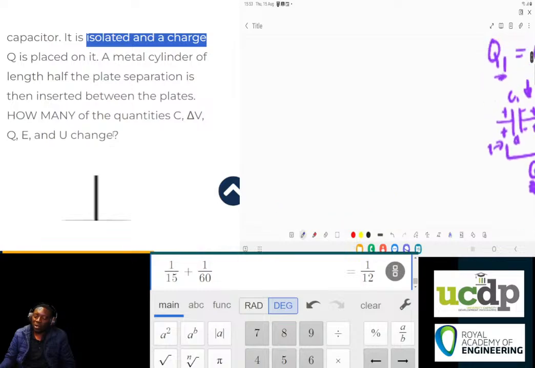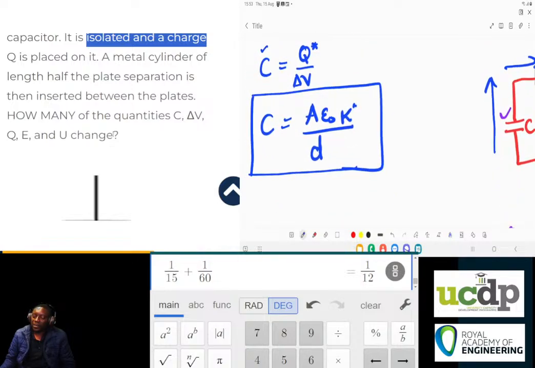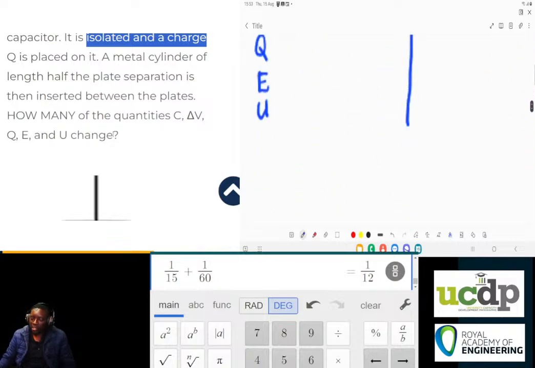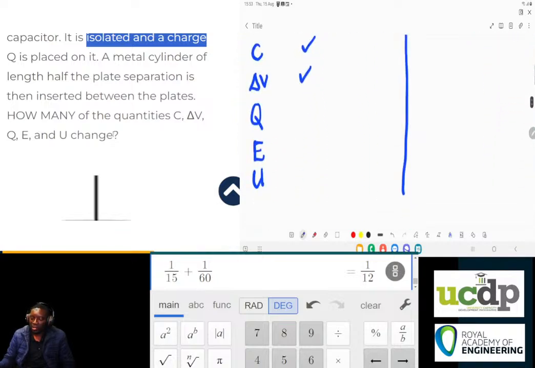If that metal only acts as a dielectric, then the charge deposited on the capacitor will not change. That's the basis upon which we kept it constant here, so that it is the voltage that should change along with the capacitance. So the charge should not change. Then what about the energy?